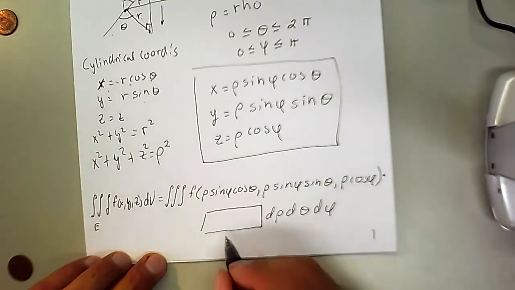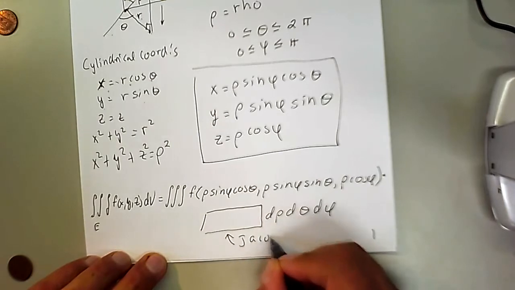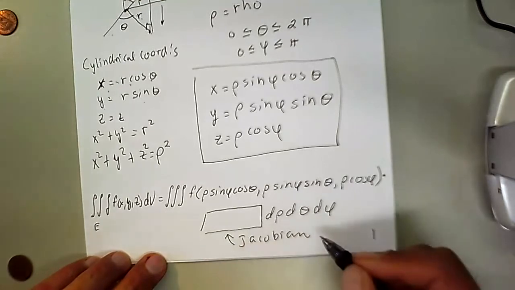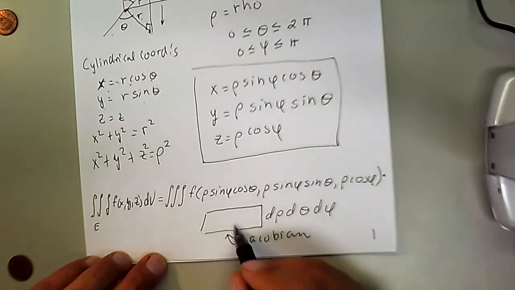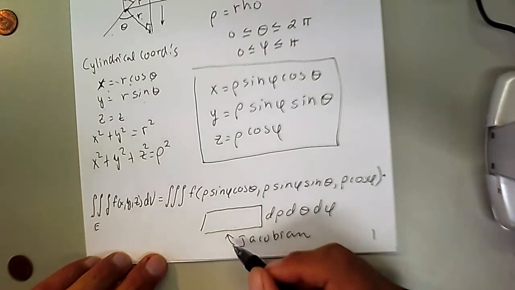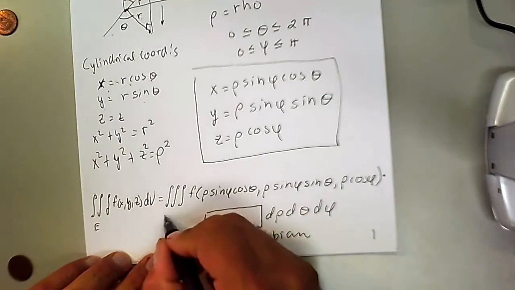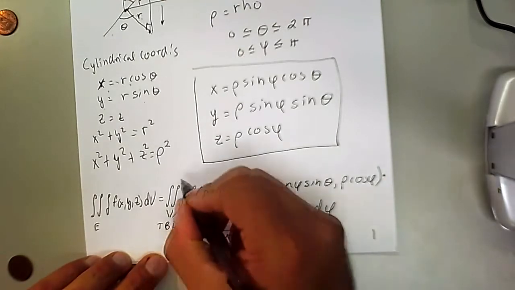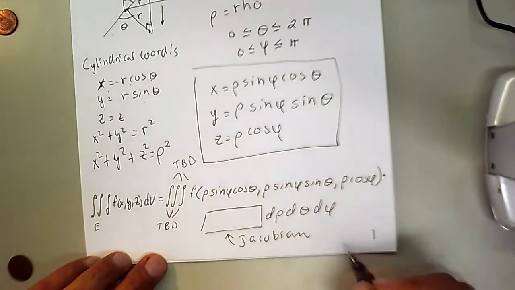integral. So what we have to have here is the Jacobian. The Jacobian in polar coordinates and cylindrical coordinates was r. This time, it would be a little naive to think that the Jacobian is going to be rho. By the way, the limits of integration here are to be determined, and so are those to be determined.